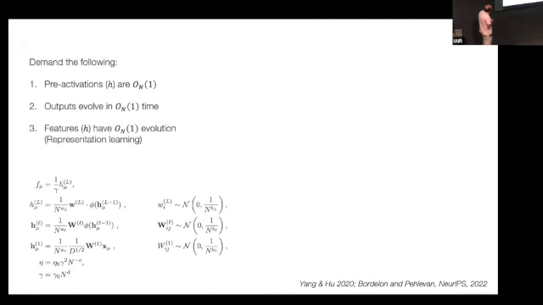So in particular, I'm going to demand the following. At initialization, the pre-activations H's, the same thing from the previous slide, are order 1, meaning they don't go to infinity or go to 0. Outputs evolve in order 1 time, meaning under gradient flow, I don't have to wait until infinity for things to learn, nor is it too quick.